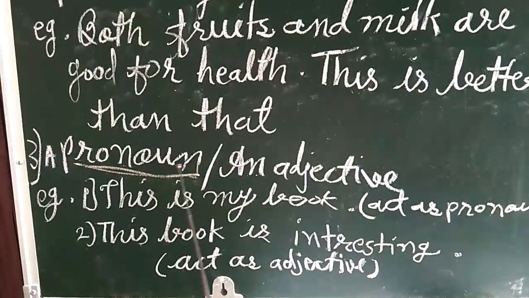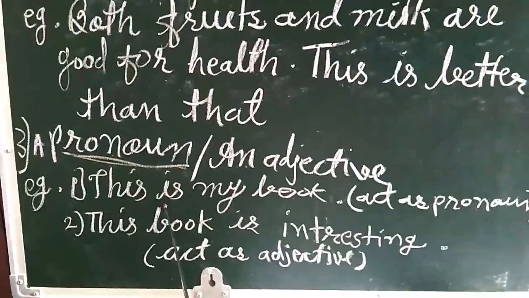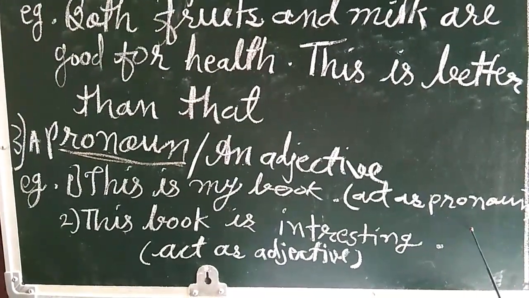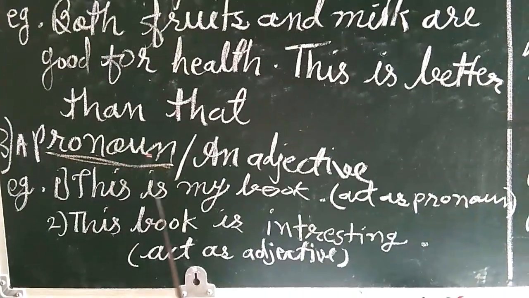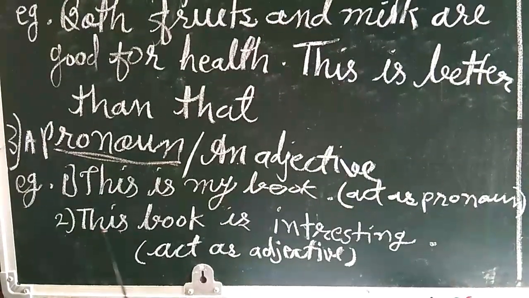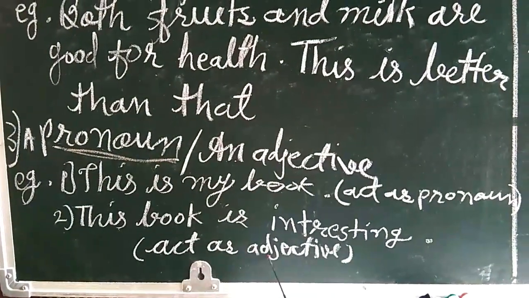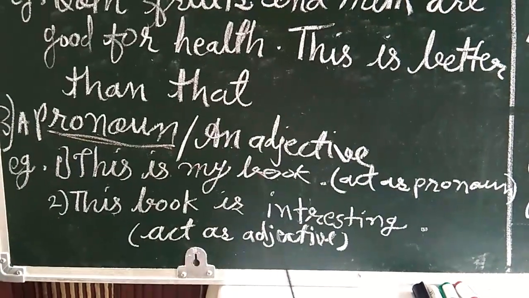A pronoun or an adjective. Sometimes the demonstrative can work as a pronoun or as an adjective. If the demonstrative is used before the noun, then it works as an adjective. Look at these examples. This is my book.